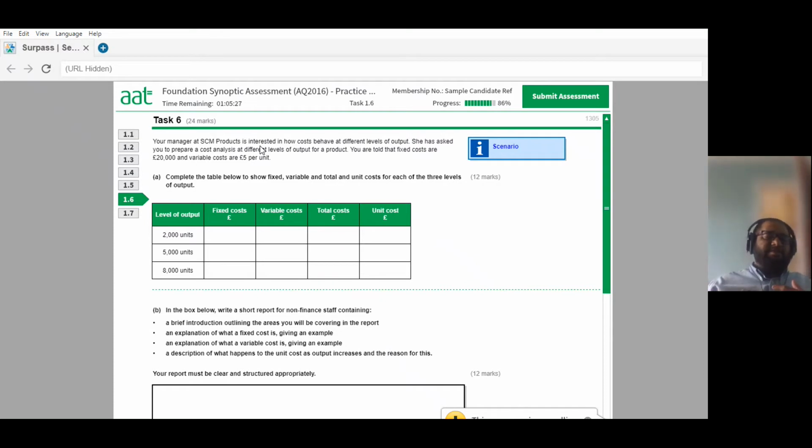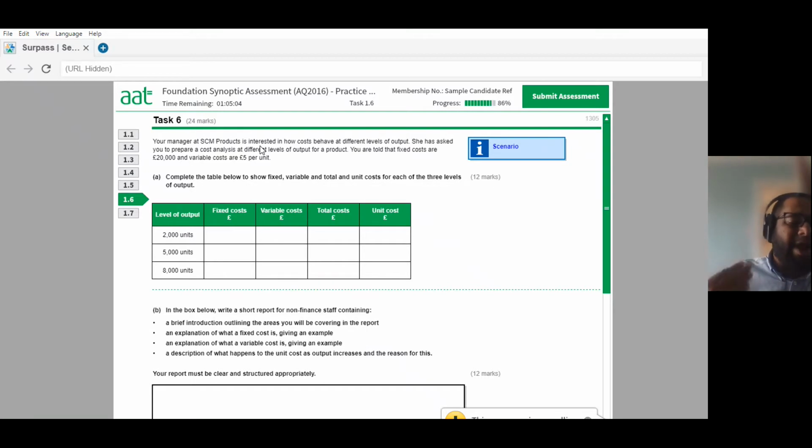If I say I will pay £10 material and £5 labor to produce one item, the variable cost in that scenario per unit is going to be £15. Because if I make one piece of clothing, I need £10 material and £5 labor. What if I need two?